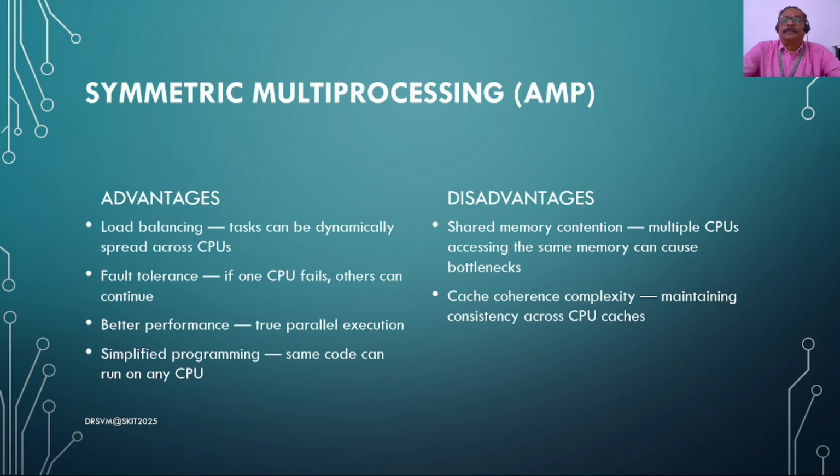Cache coherence complexity, so maintaining the consistency across the CPU caches becomes a problem because the cache memories are inside the CPUs. The CPU is working with one process, and the data and the code associated with that process are stored inside the cache of that CPU.